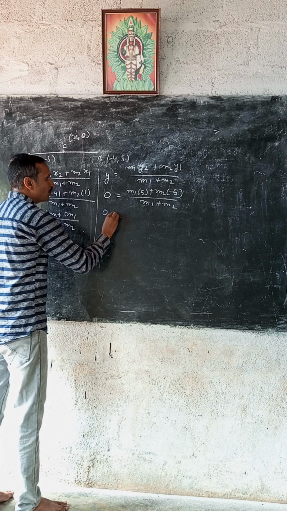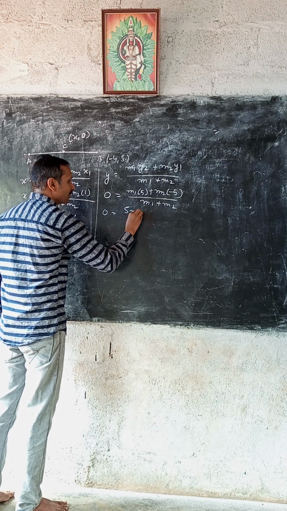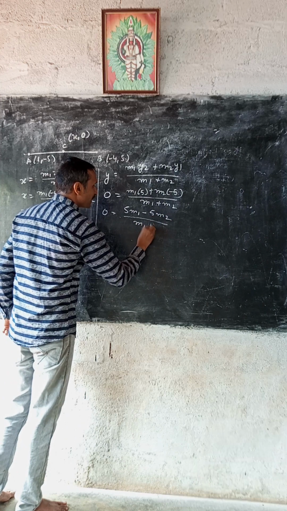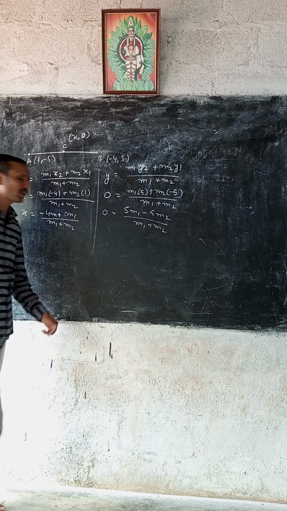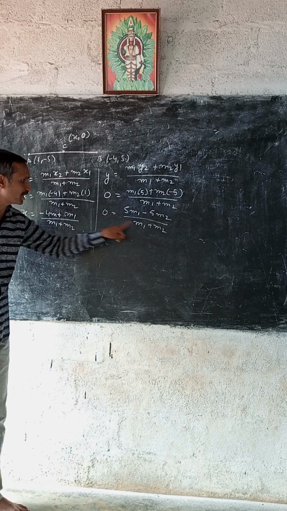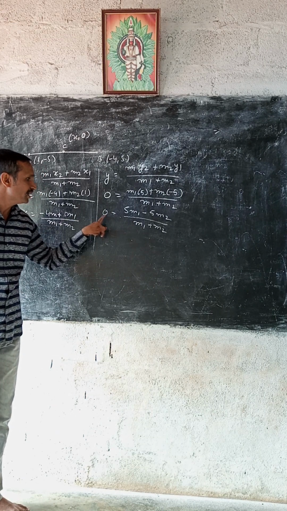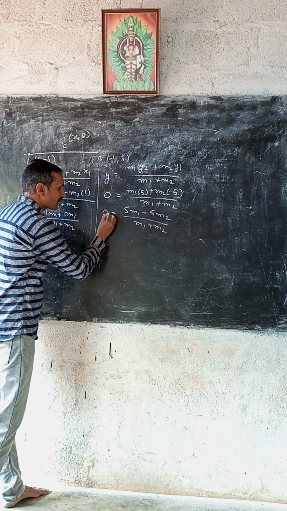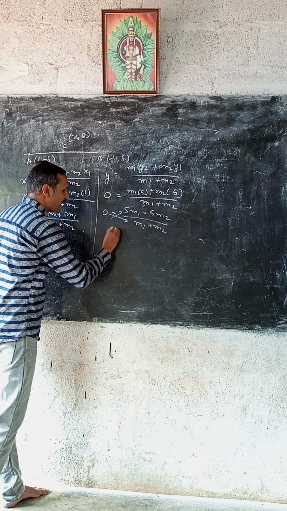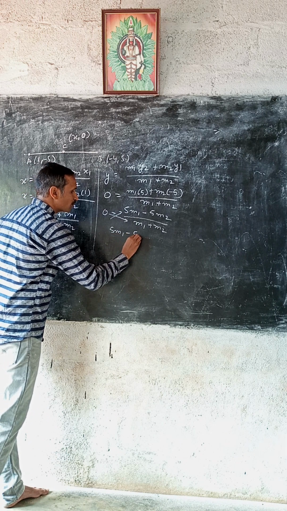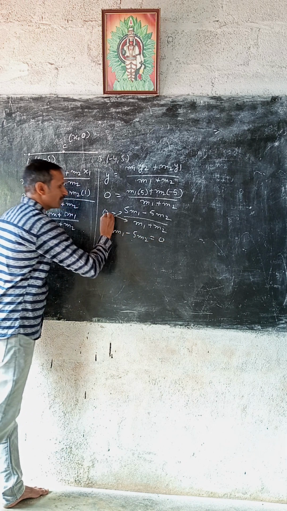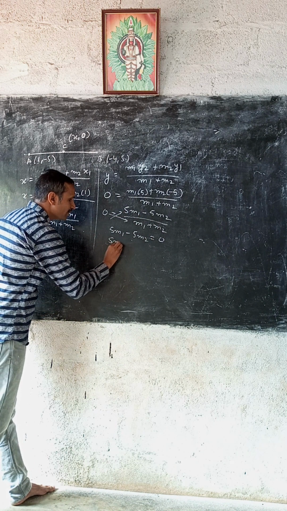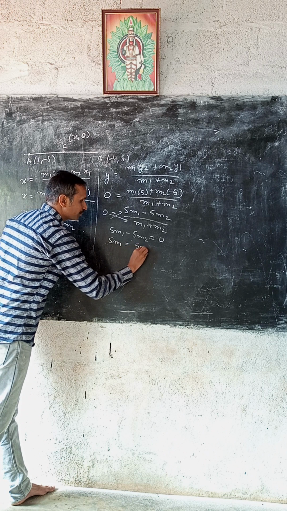Now 0 is equal to 5m1 minus 5m2 by m1 plus m2. By cross multiplication, the right side will become 0. So 5m1 minus 5m2 is equal to 0. Taking this term to the other side, 5m1 is equal to 5m2.